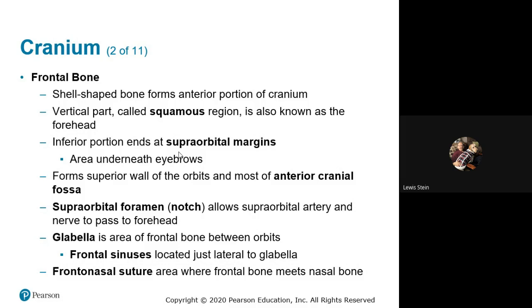What it does with regard to the orbit, which is the opening for your eye, we always hear about orbital fractures. There's no orbital bone. With an orbital fracture, you have to identify the bone. The bones in the upper, superior margin of the orbit are part of the frontal bone.